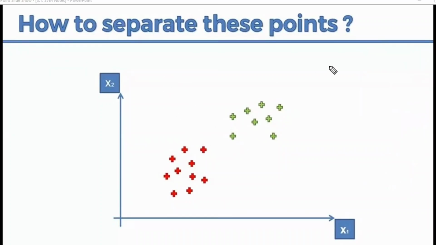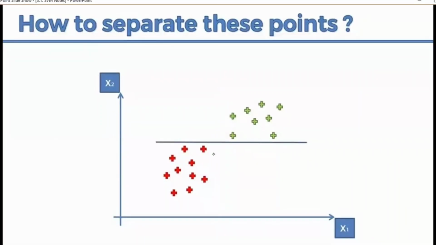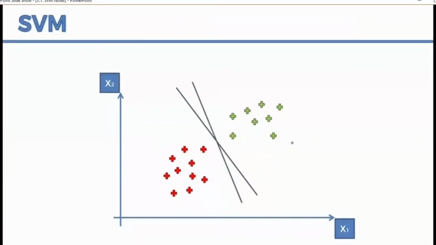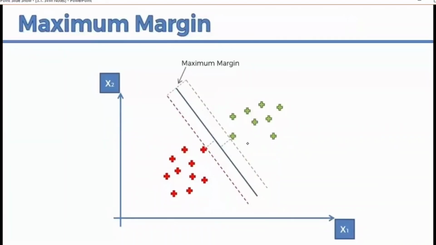So here we are going to try both linear and non-linear. When you apply a linear classifier, it means using a linear line and separating the data. This line should be selected such that it classifies with the maximum margin, right?